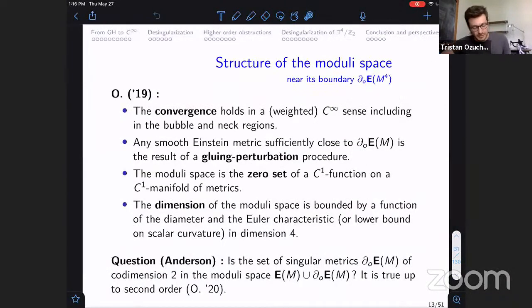And some other information we get is on the dimension of the moduli space. We have a compactness theorem, and that lets us know that this dimension is only bounded by the diameter and the Euler characteristic, or maybe some bound on the scalar curvature instead of the Euler characteristic.